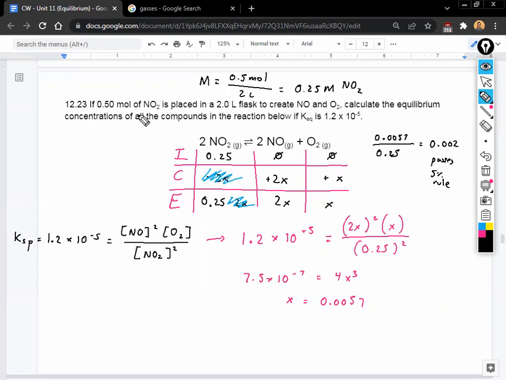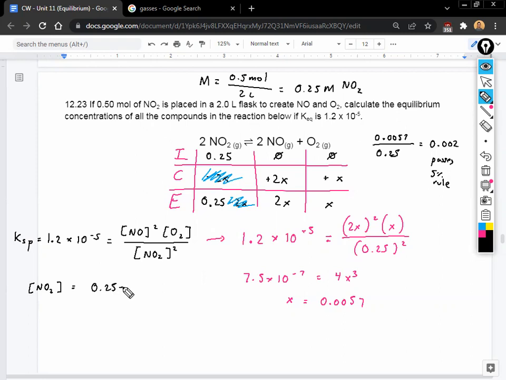We just need to find the equilibrium concentrations. Oh, I forgot to mention too, I got 0.25 because I divided 0.5 by 2 for the molarity. But if you guys used 0.5, just make sure that your x is divided by the volume, which is 2, and that should give you the same numbers. All right, so for the concentration of NO2, you could actually just write 0.25, but if you want, you can do 0.25 minus 2x.